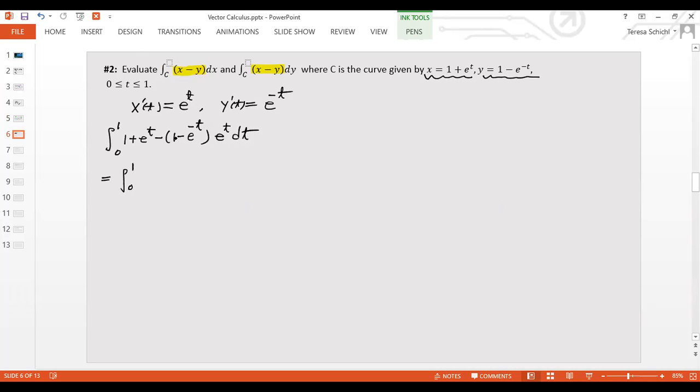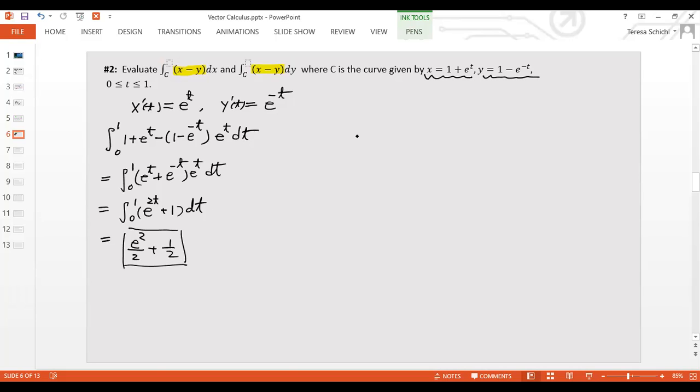The 1 and 1 cancel, so you have e^t plus e^(-t), times e^t dt, so this is e^(2t) plus 1 dt. This is a pretty easy integration. So the answer here will be e^2 over 2 plus 1/2.